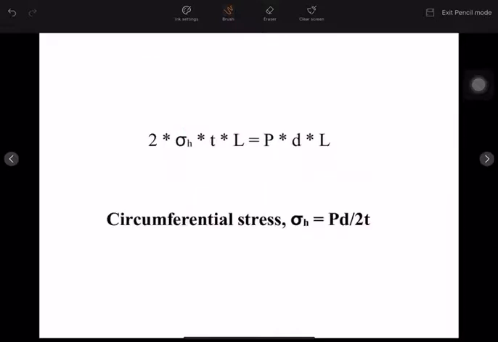If we equate them, we'll get an equation like this.